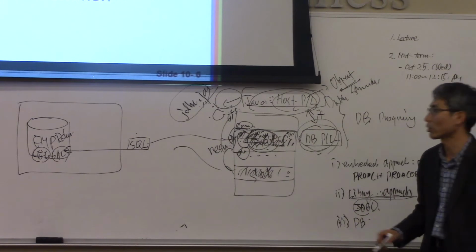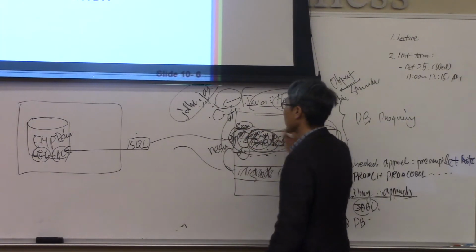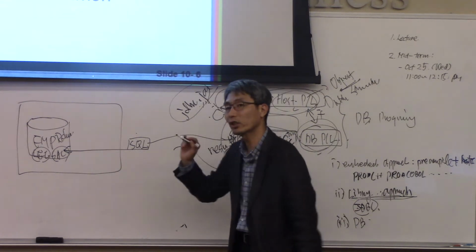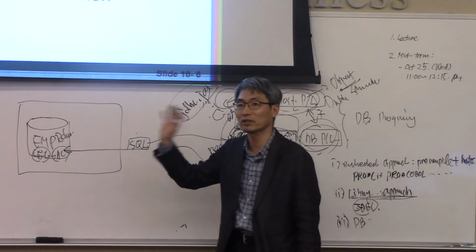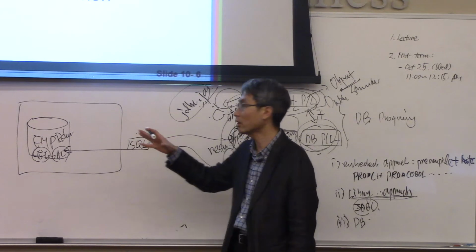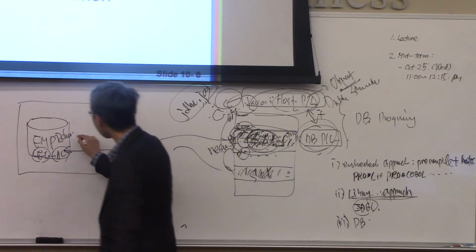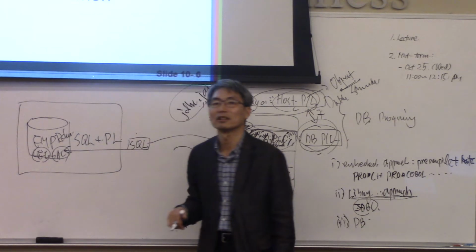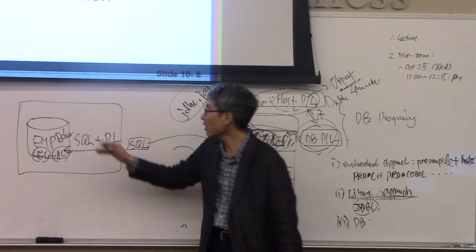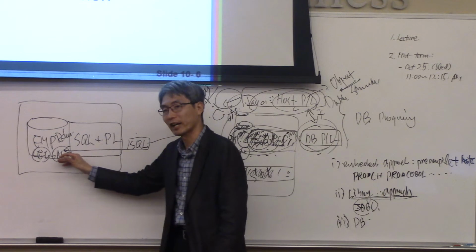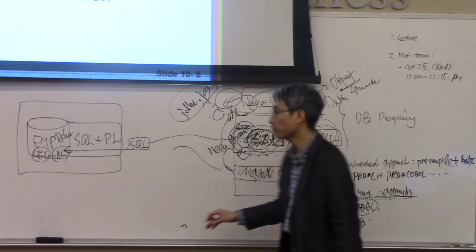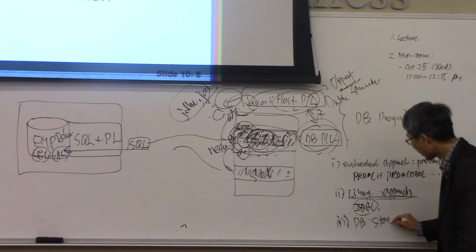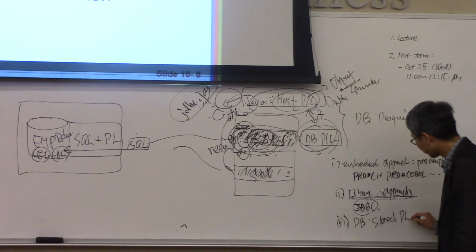The DB side solution means SQL is not enough to do additional things, like conditions or complicated operations. Why don't we add a procedural part to SQL, like programming on the database server side? This is called a stored procedure, a database stored procedure.